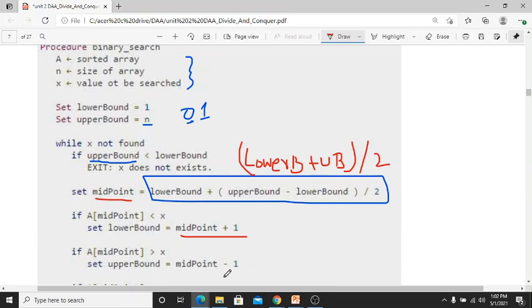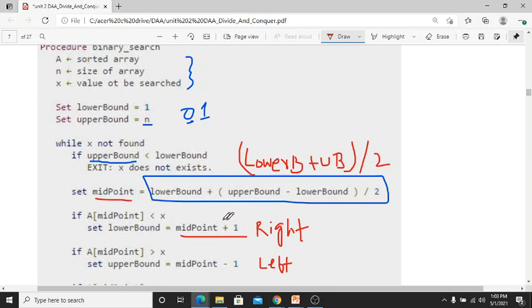If the midpoint is greater than the x value, we need to go to the left side, so the upper bound becomes mid minus 1. Whenever you are going to the right hand side, the low value should increase by 1.